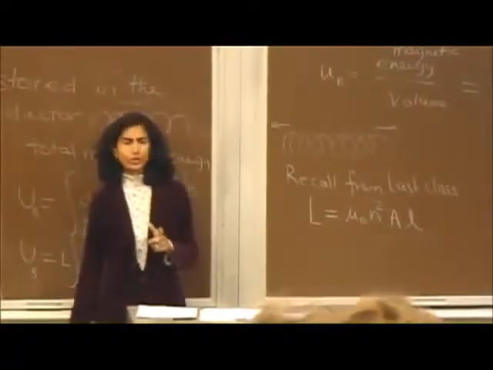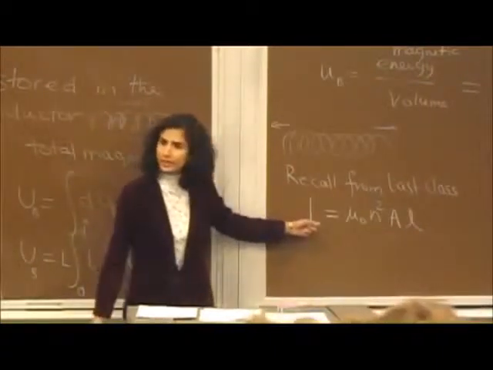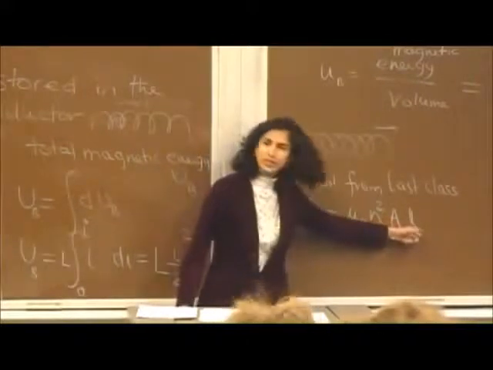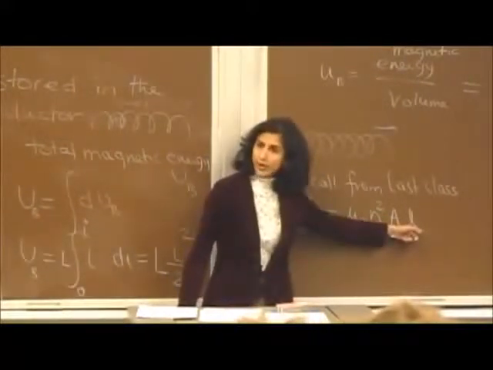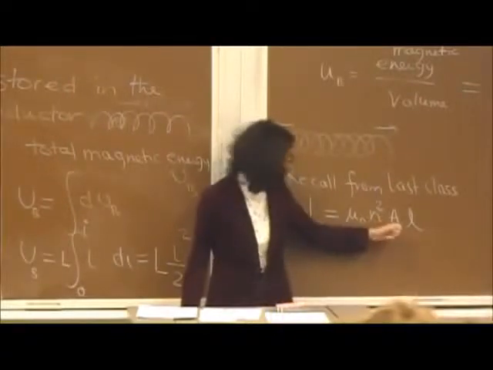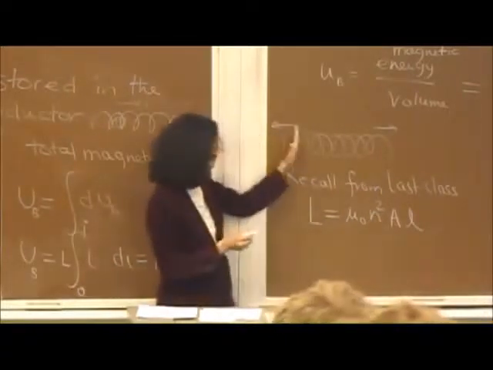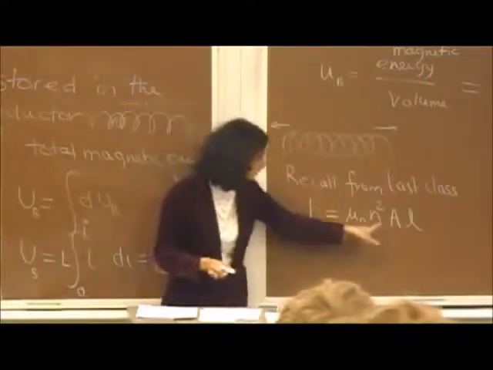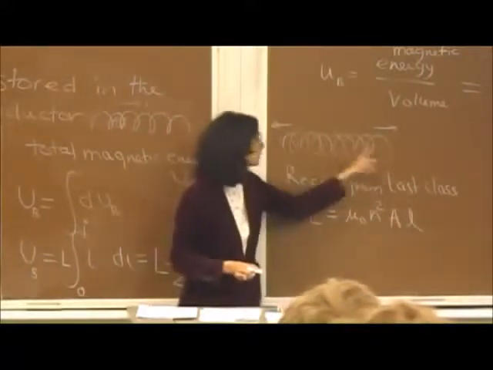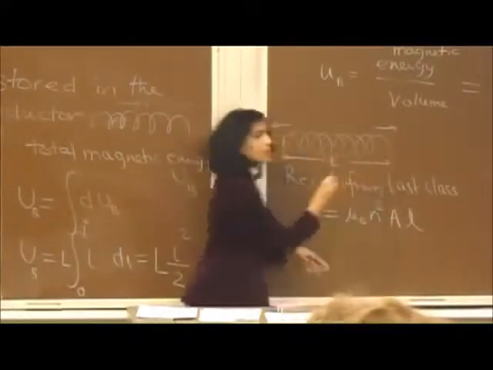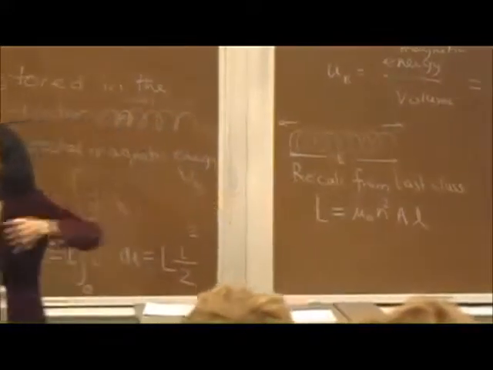In other words, L only depends upon the geometrical properties of a coil, right? It depends upon how many turns per unit length it has, what is its area of cross section. In this case, if it's a circular coil, then pi r square, that will be the area of cross section. What is the length l? l is this length. So it's not infinite, but it's almost infinite. l is very, very large.